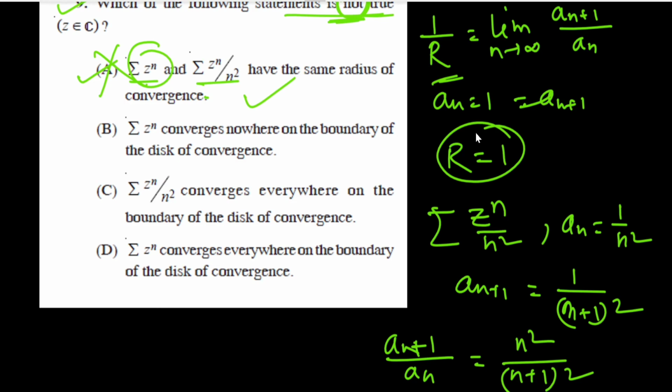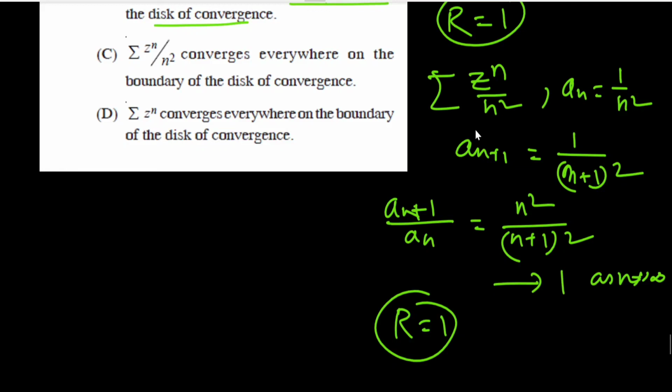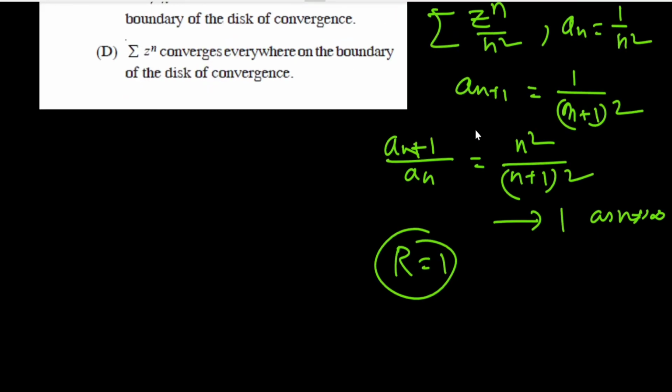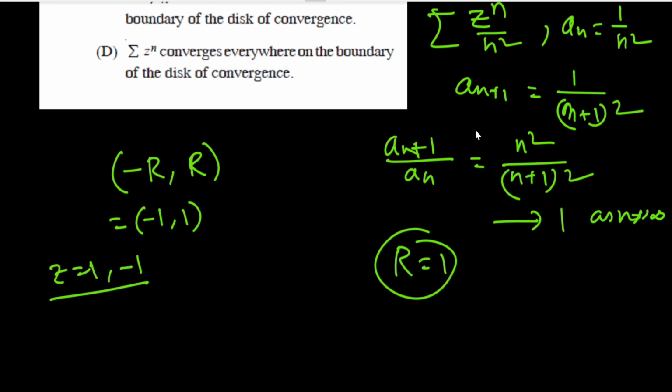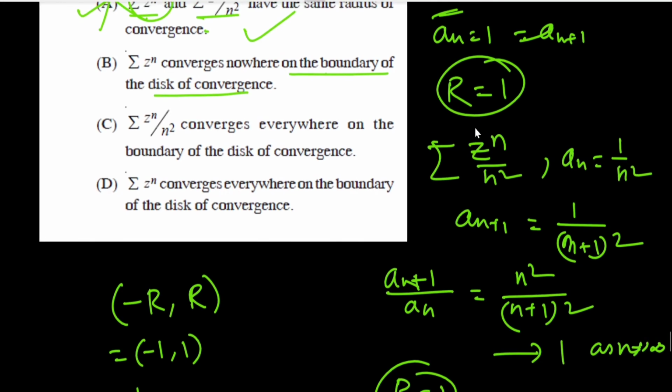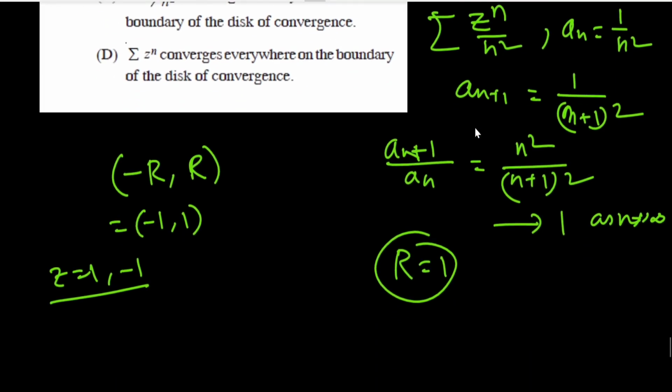Now option C says z to the power n converges nowhere on the boundary of the disk of convergence. Here the interval of convergence is minus r to r, so this is minus 1 to 1, and we have to check the convergence at z equal to 1 and minus 1. Now we put the value in the series summation z to the power n.